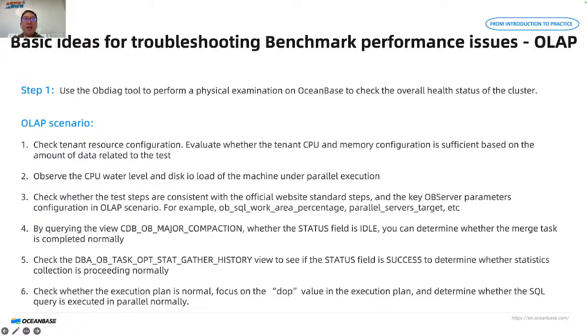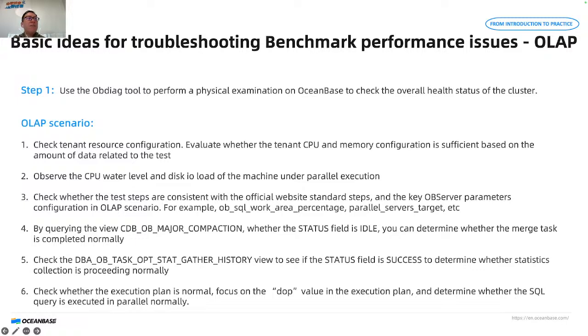Evaluate whether the tenant CPU and memory configuration is sufficient based on the amount of data related to the test. The second one is to observe the CPU water level and disk I/O load of the machine under parallel execution.